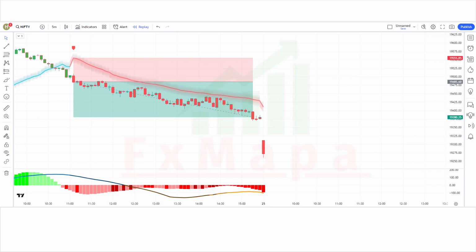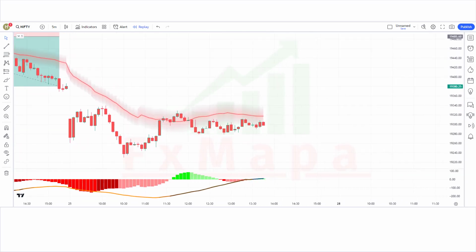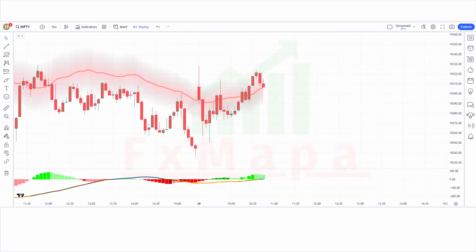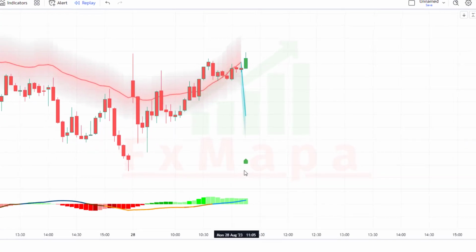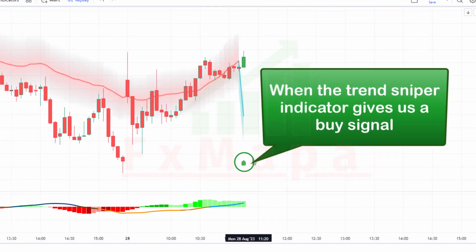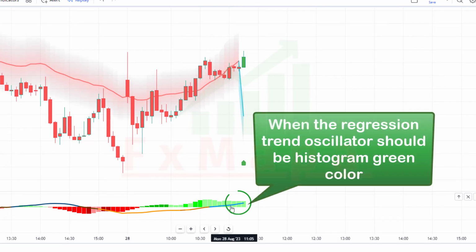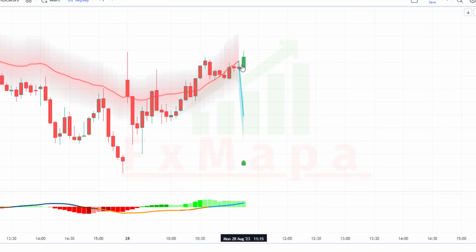Now let us understand the long position. When the Trend Sniper indicator gives us a buy signal, the Trend Sniper should be a green line, the Regression Trend Oscillator should be a green histogram, and the market forms a bullish candle.